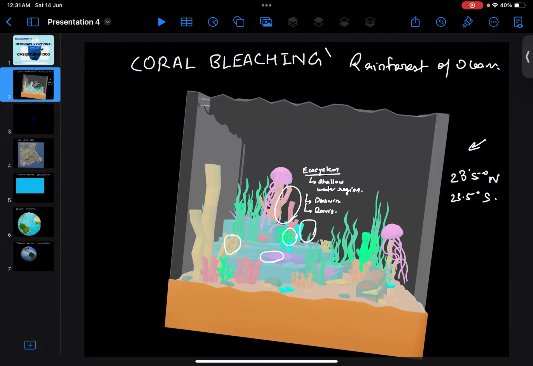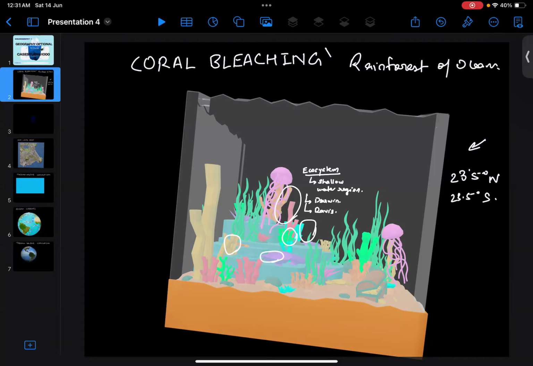Here we see that in recent times there has been a report given by NOAA, which specified that almost 83.9% of global coral reef has been affected between January to May 2025.